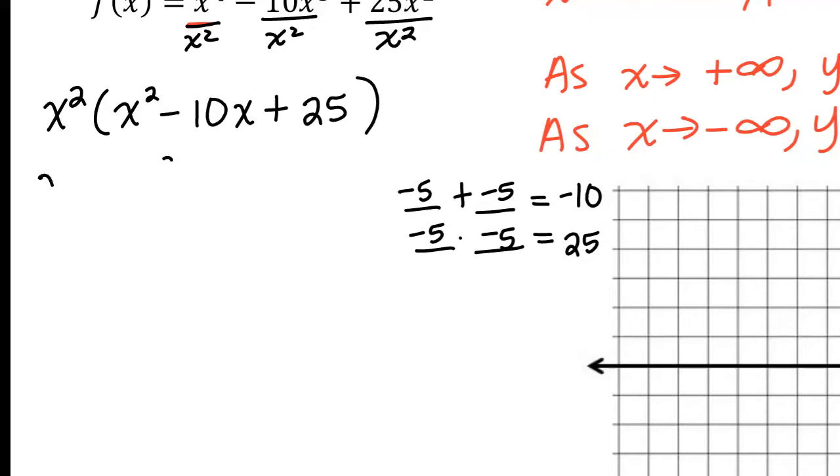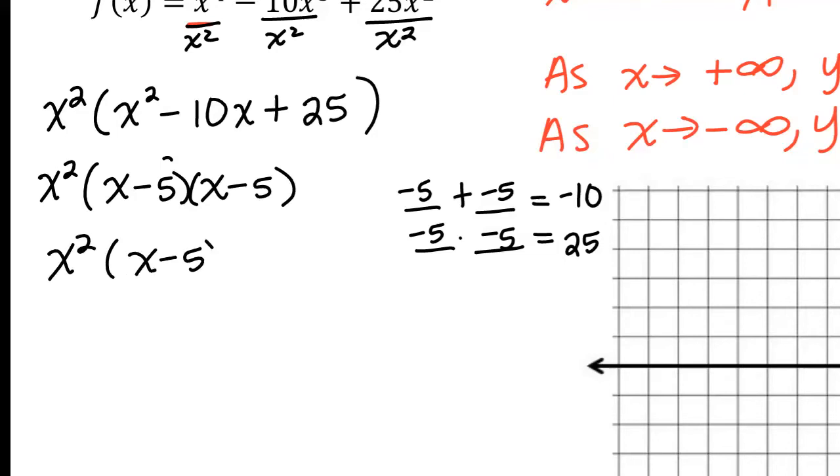So we had x squared times x minus 5, x minus 5. And for prior knowledge, we wrote that as x minus 5 squared because you have two of those. The squared just reminds us that we have multiplicity. I forgot to put my equal 0 because we're finding the zeros.